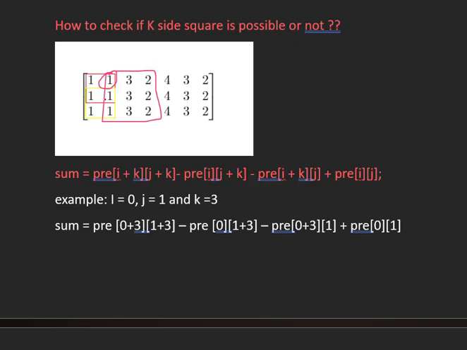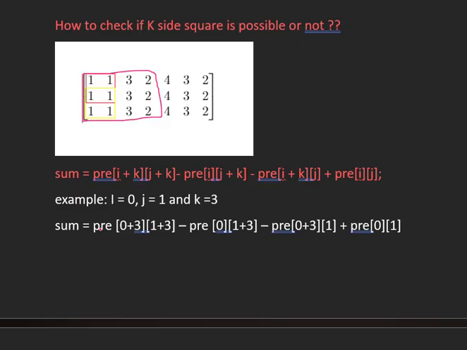Let's check that out. If we take 0 plus 3 and 1 plus 3, what will prefix of 3 comma 4 give us? It will give us the sum of the rectangle from 0 comma 0 to 2 comma 3, that is, the sum of this area.